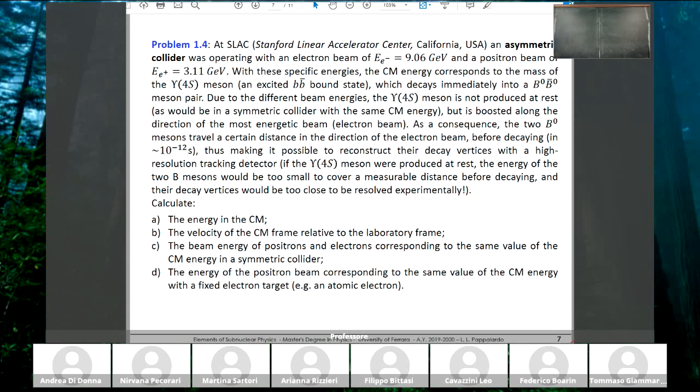This is a general formula. So in our case, the modulus of the momentum vector of the epsilon is given by gamma of the epsilon, the mass of the epsilon, beta of the epsilon, and the speed of light.